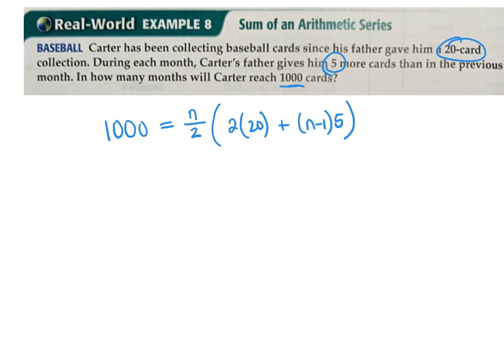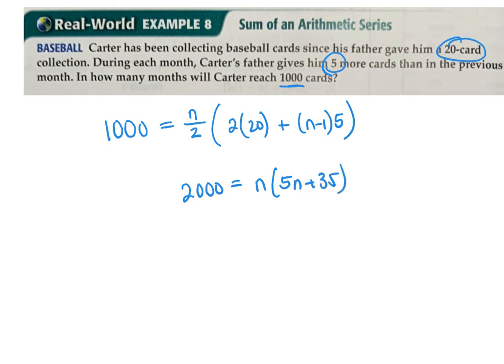This will give you a quadratic, which means you're going to have to use the quadratic formula to solve for it, right? So when you do all of this, you're going to get 2,000 equals n times 5n plus 35.